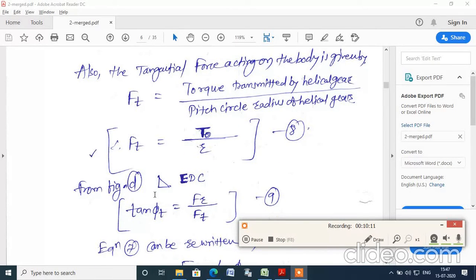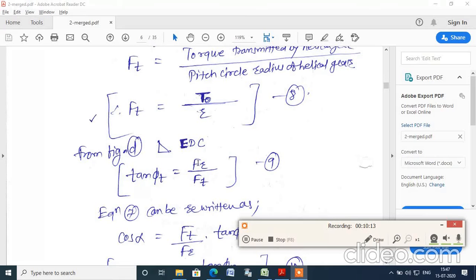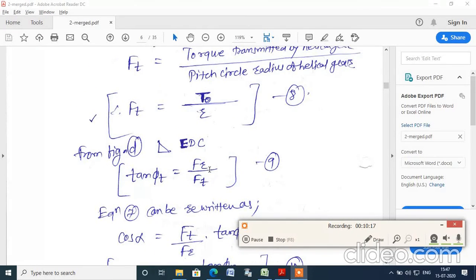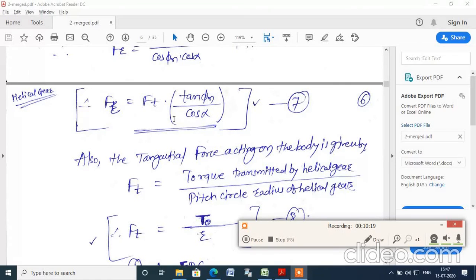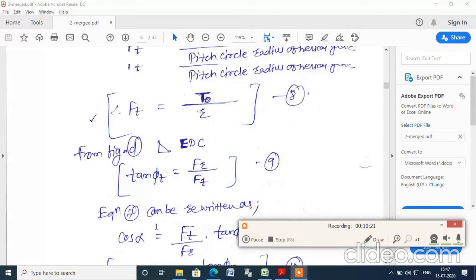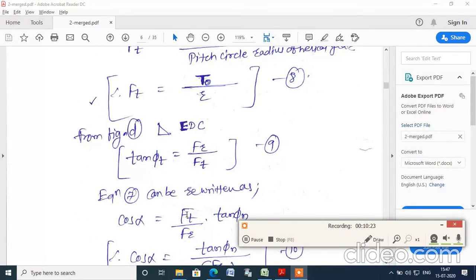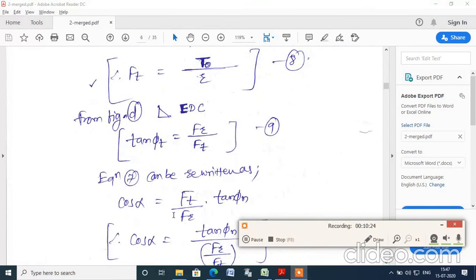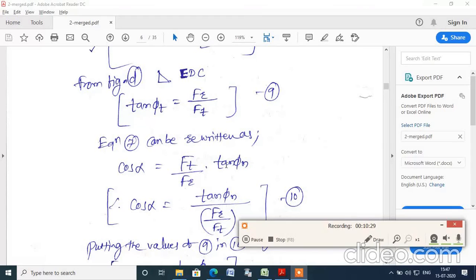Now from the last triangle EDC, tan phi t equals Fr by Ft. Equation 7 can be written as cos alpha equals Ft by Fr tan phi n. I have rearranged this equation. Therefore cos alpha equals tan phi n upon Fr by Ft.